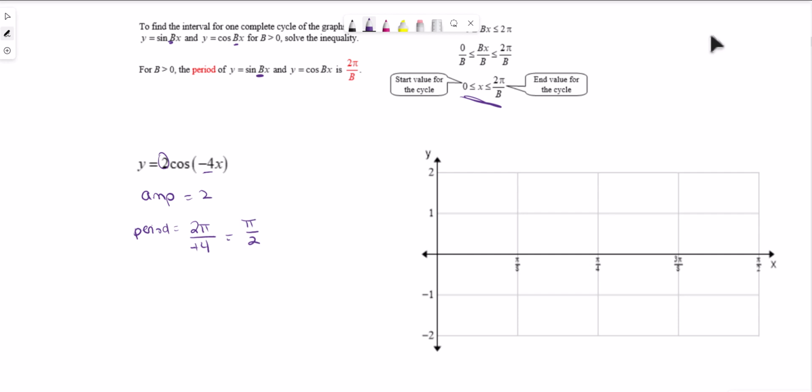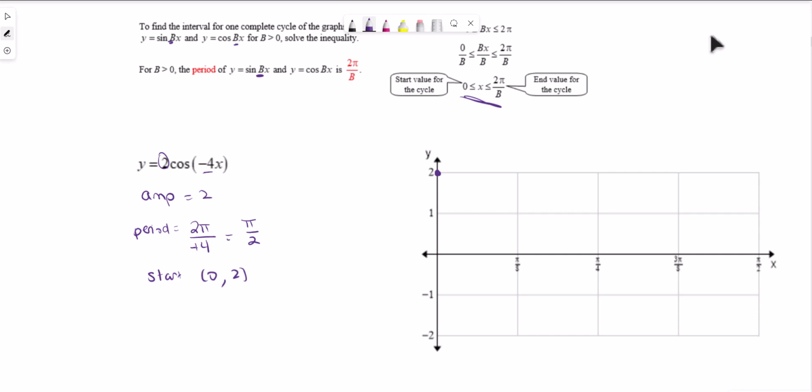Okay, so I'm going to start at the point 0, and remember, if x is 0, that cosine is going to be 1, and so that's going to be 2. So I'm going to start at 0, 2, and I know right in the halfway point, I'm going to have to hit 0, then negative 2, then 0, and then positive 2.